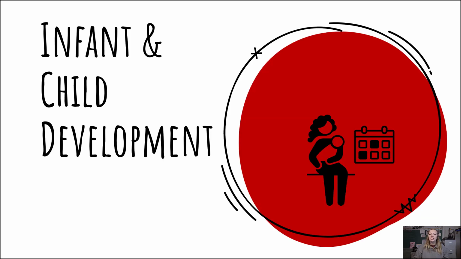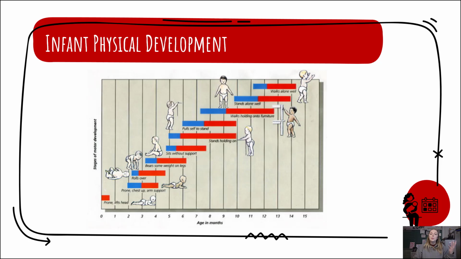After the newborn stage, infants and children develop in many different ways, and we know many of these milestones. We're going to talk about each one of these as we go. One of the issues that we talk about in developmental psychology is this idea of continuity versus stages. One of the things that most pediatricians agree upon is that there aren't very clear ages when babies will do a certain physical milestone.